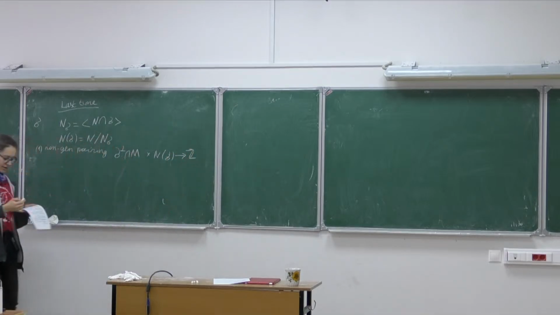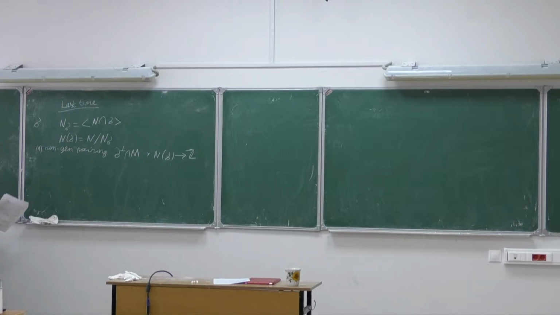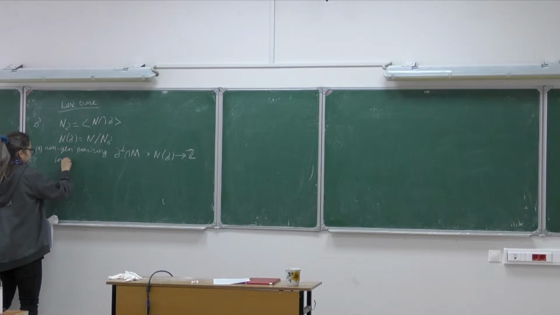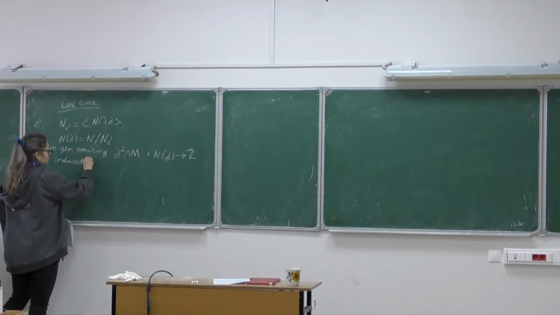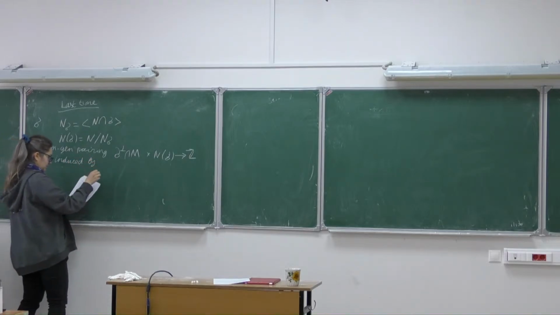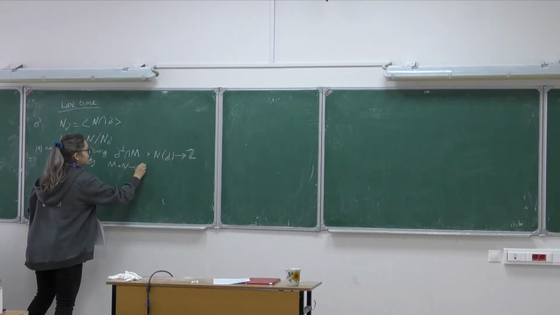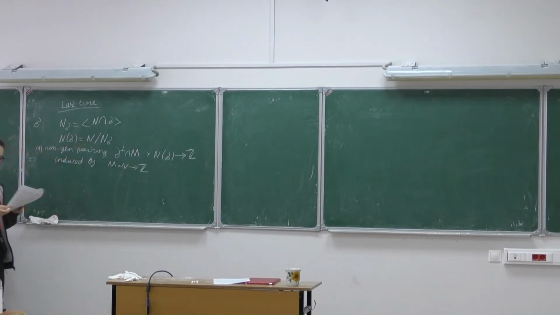So I think I should explain it once more. We said that it was induced by the original pairing, the pairing M times N to Z. So how can we explain this?